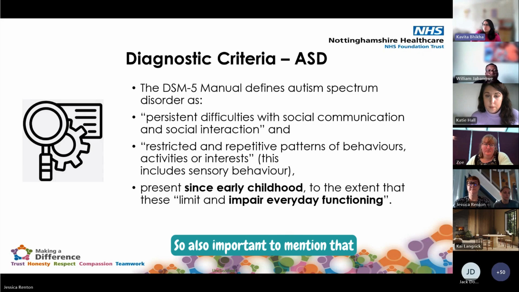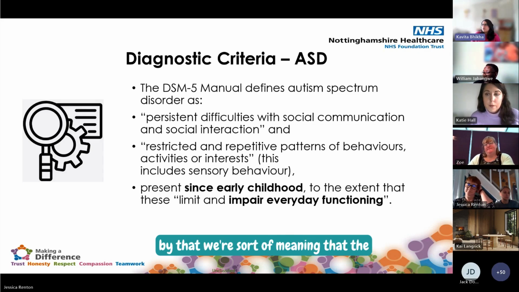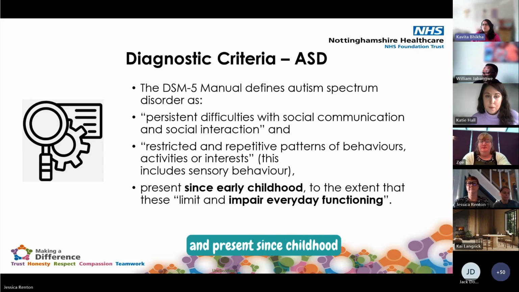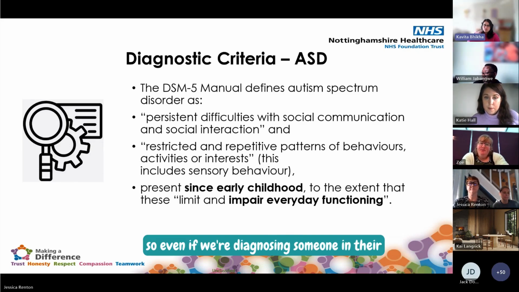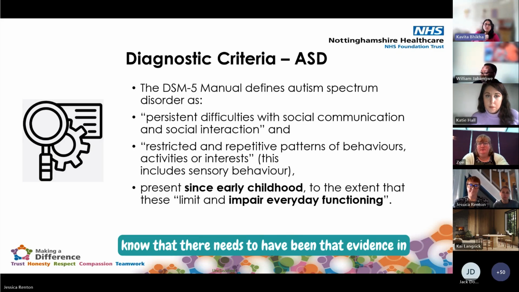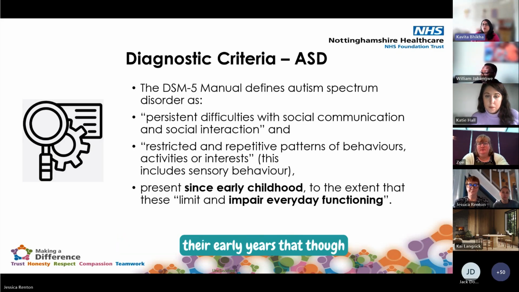Also important to mention that autism is a neurodevelopmental condition. By that, we mean that the symptoms and presentation must be lifelong and present since childhood. So even if we're diagnosing someone in their later years, there needs to have been evidence in their early years that it was just missed, as opposed to it started at a later time.